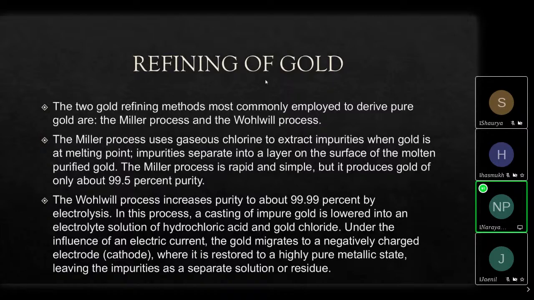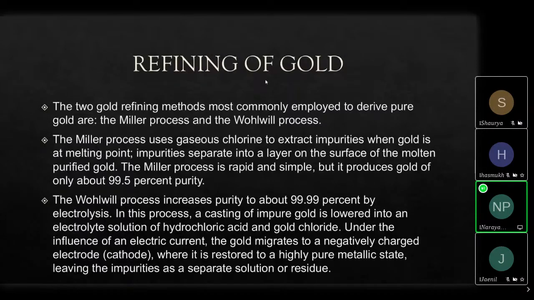Another method is electrolysis, which is fairly common in most metal refining. Impure gold is lowered into an electrolytic solution of hydrochloric acid and gold chloride. Under the influence of an electric current, gold migrates to the negatively charged electrode, where it is restored to a highly pure metallic state.